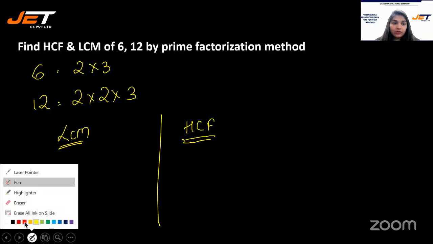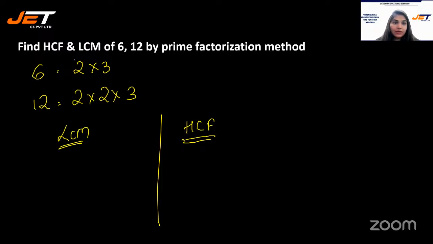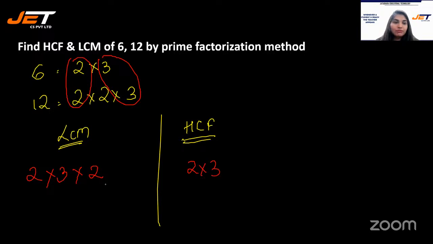Okay, so LCM is 2 times, here I can make a pair of 3, times 2. Okay, and HCF is 2 times 3. So 2 times 2 is 4, 4 times 3 is 12, 12 is the LCM, and HCF is 2 times 3, which is 6, right?